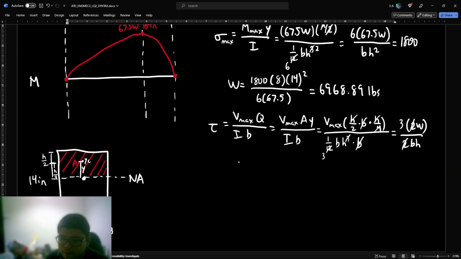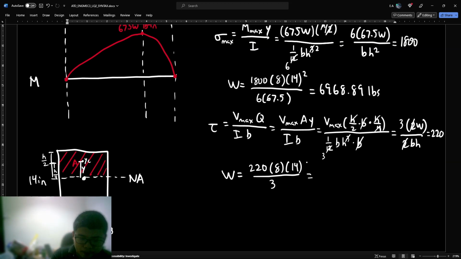So you can cancel the 2. So it becomes W equal to, this should be equal to the maximum shear stress, which is 220. So 220 times our base, which is 8 inches, times the height, which is 14 inches, all over 3, and we are going to get 8213.33 pounds.